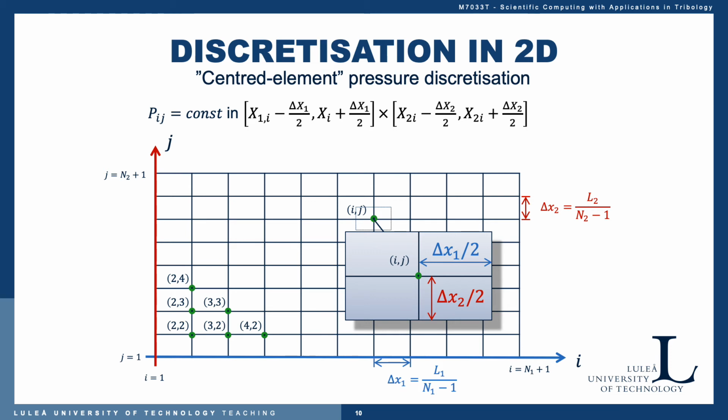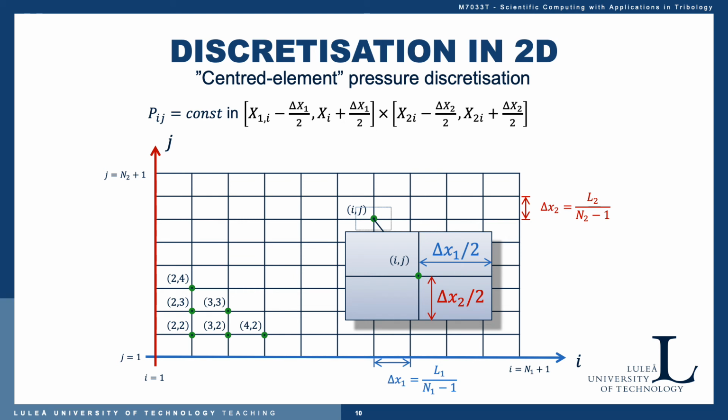If we move in the x1 direction, then we have 3, 2, 4, 2, 5, 2, up to n1, 2 on that row.